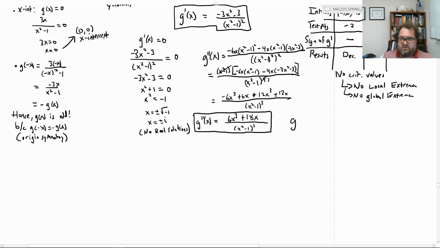Actually, I'm going to reserve that little space for my next chart, so I'll just go down. g double prime equals 0. That's going to be 6x cubed plus 18x over x squared minus 1 cubed equals 0.